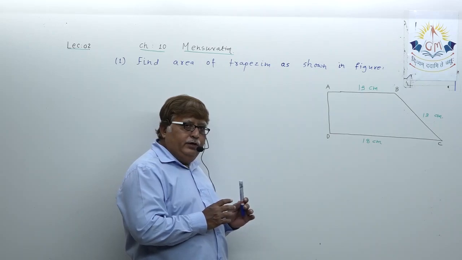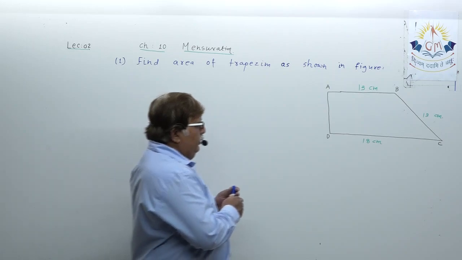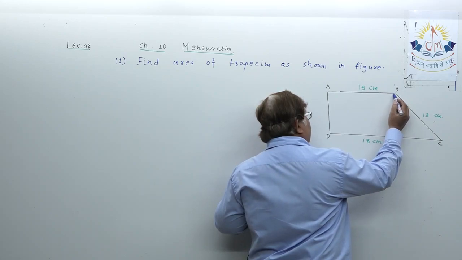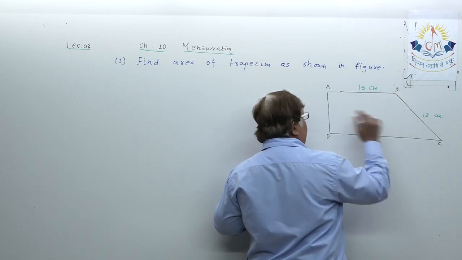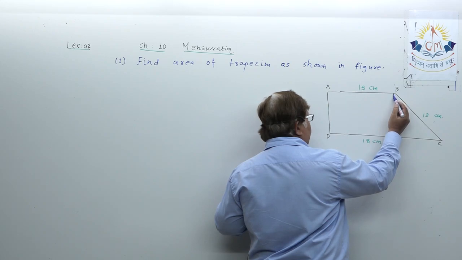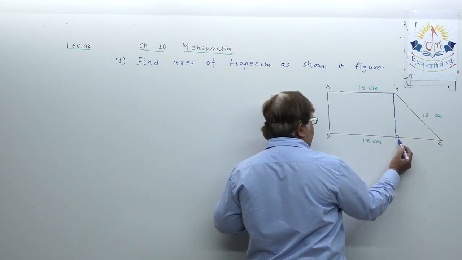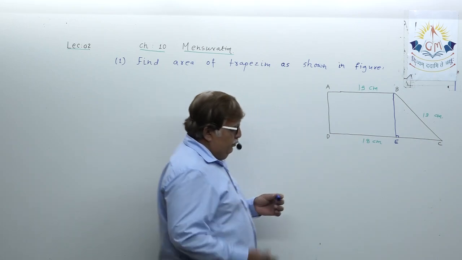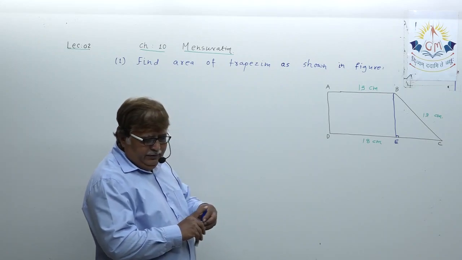We want to find the area of this trapezium. Let us do one thing. Let us construct one side parallel to AD, though AD is not given, and let me call it E. Now let us try to solve and understand this in detail.